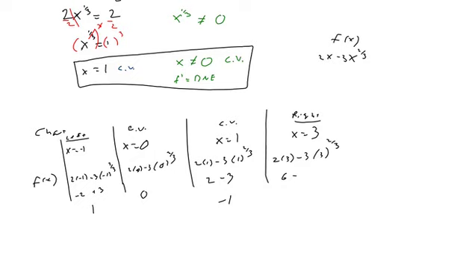Something ugly here. It's like 6.24, which is going to be -0.24.